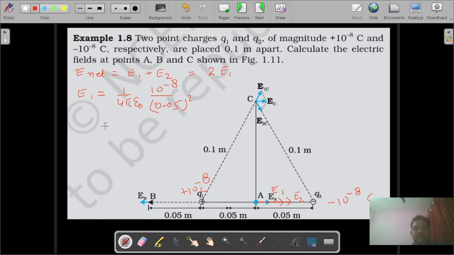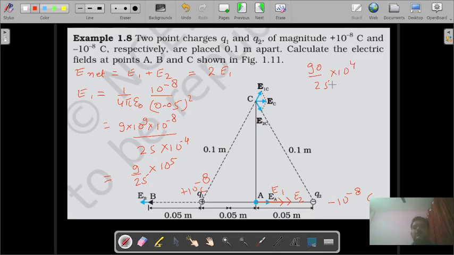Evaluating E1, we get 9 into 10 to the power 9, that's the constant, times 10 to the power minus 8, divided by 0.05 squared. So it's 25 times 10 to the power negative 4. Thus we get 9 over 25 times 10 to the power 5. So we can simplify this, 90 over 25 times 10 to the power 4.